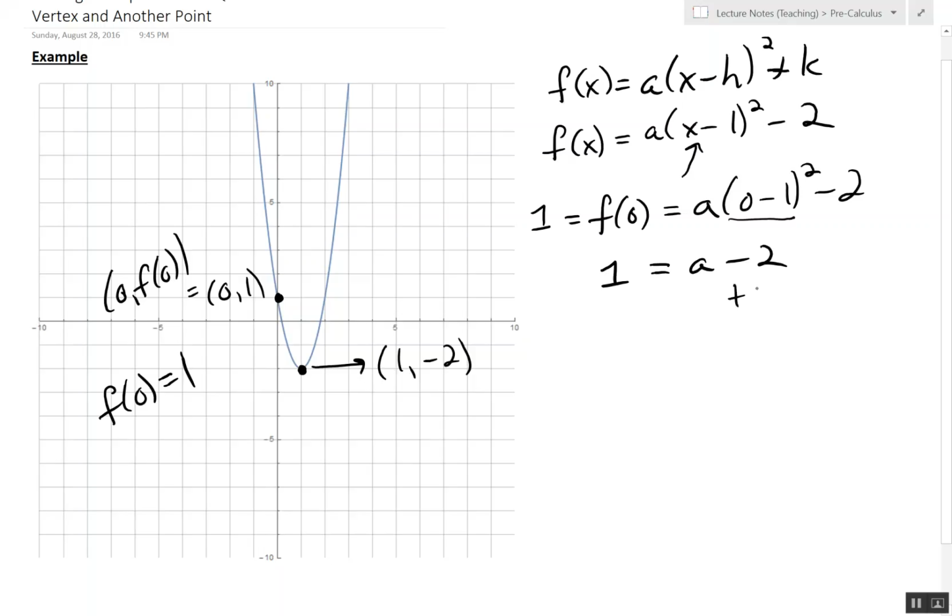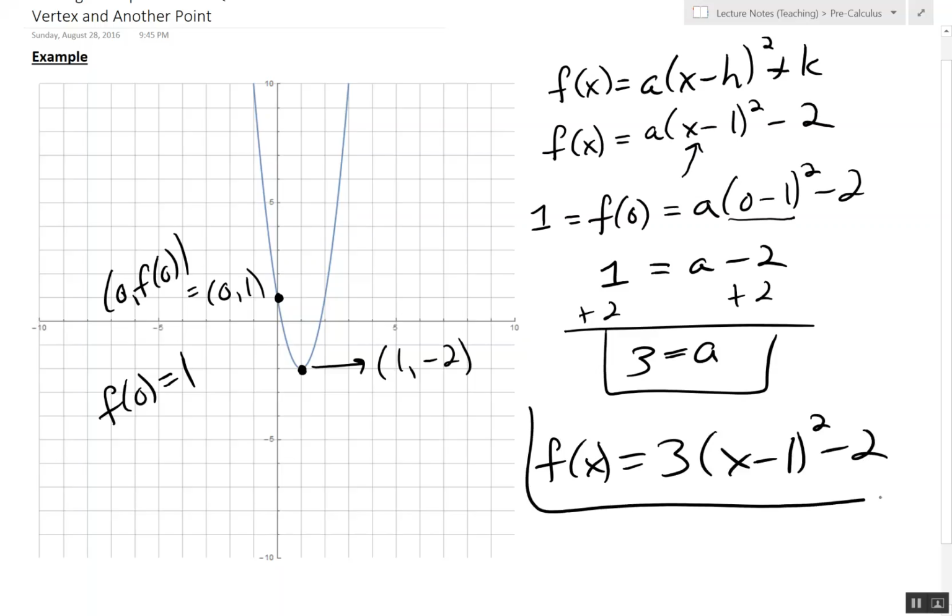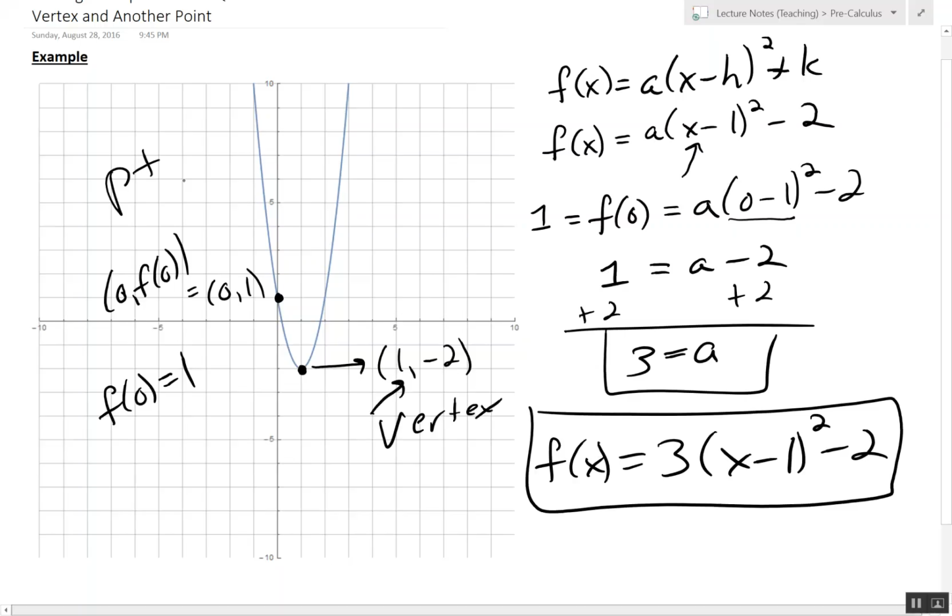Then adding 2 to both sides of the equation, we get that a equals 3. Now we have our equation: f of x equals 3 times (x minus 1) all squared minus 2. Notice that the only thing I really needed was the vertex and a point.